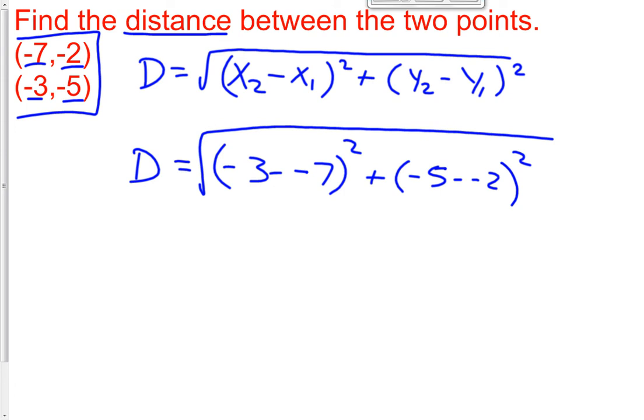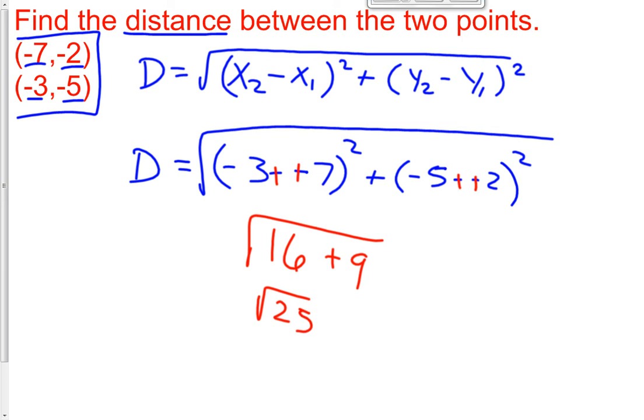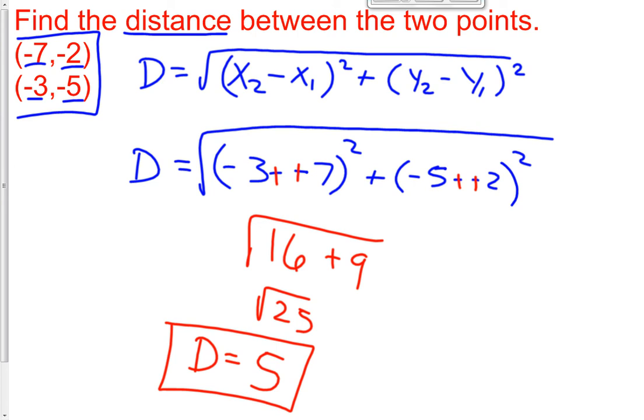Going down one step further, -3 plus 7 is 4, and 4 squared is 16. -5 plus 2 is -3, squared is +9. So we get the square root of 25. So the distance from those 2 points on an XY coordinate grid is 5 units.